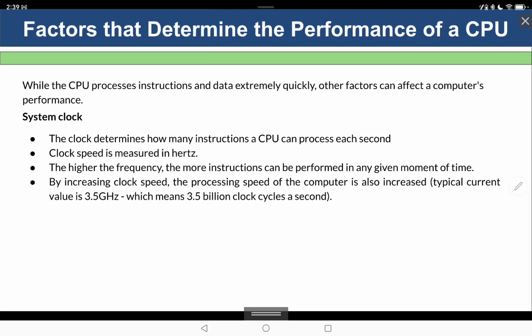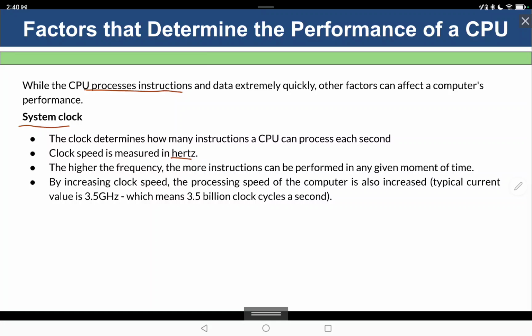While the CPU is processing instructions, it should process data as quickly as possible. And there are many factors that determine how fast the CPU can process that data. The first one is the system clock. The system clock determines how many instructions can be processed per second, and this is measured in hertz.